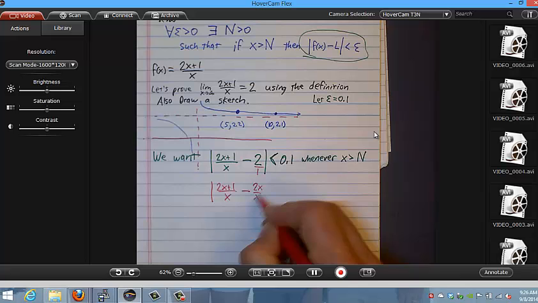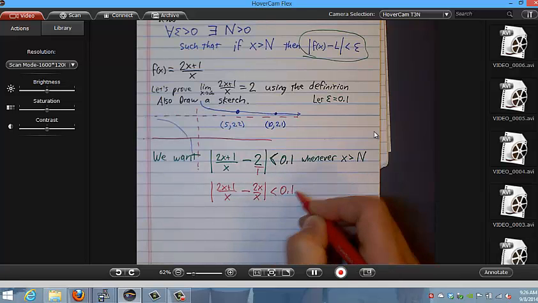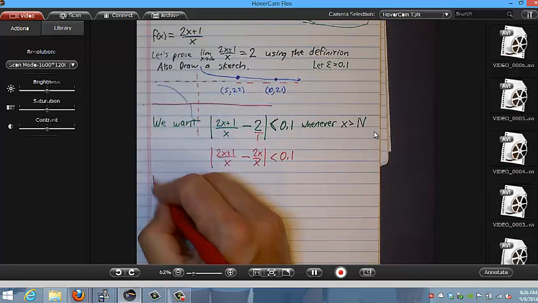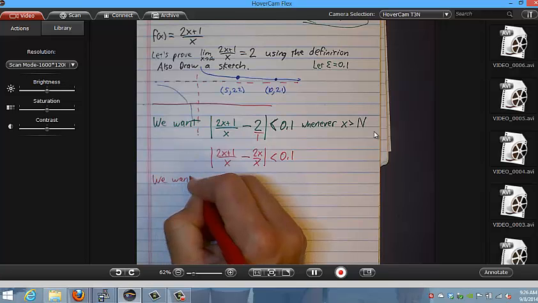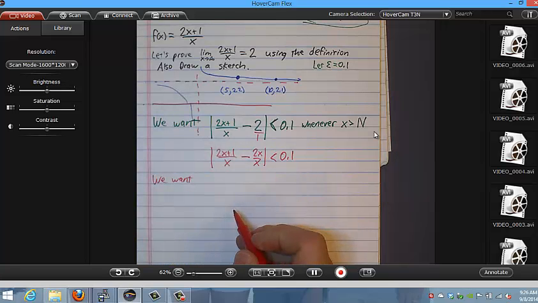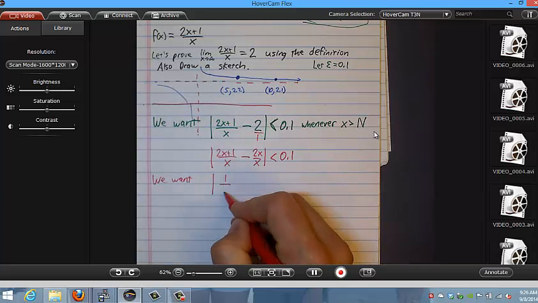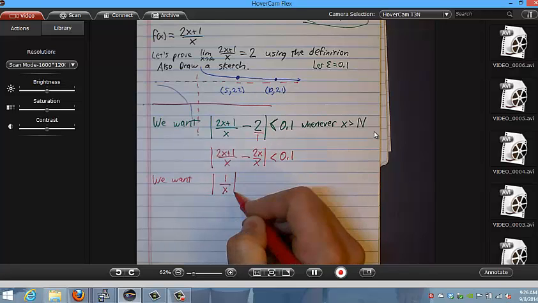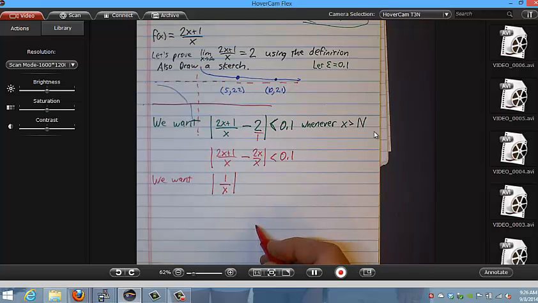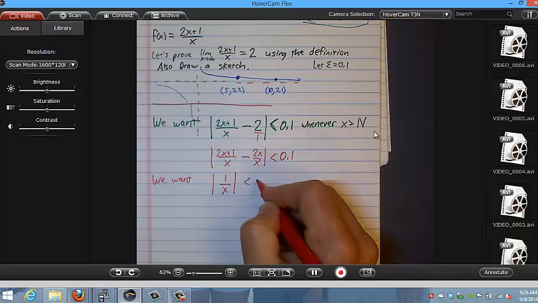And now I can subtract those fractions. So what I'm going to say is we want, well, what would happen when you subtract the fractions? What do you get? We want 1 over x in absolute values to be less than 0.1.